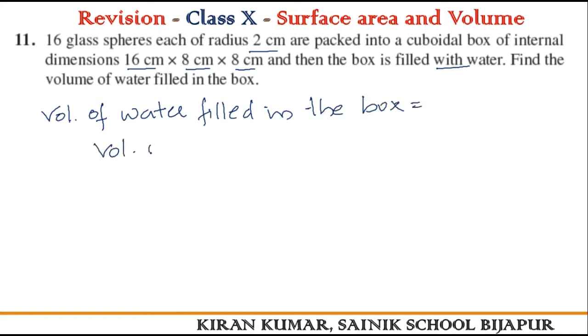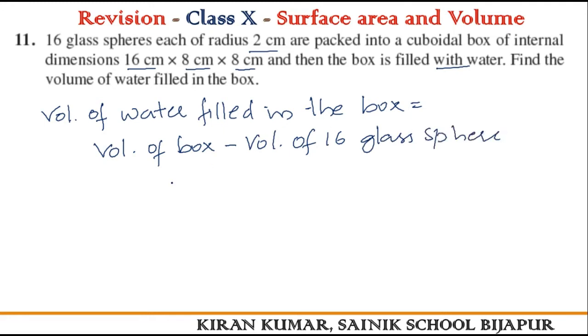Here in this scenario, the volume of water filled in the box will be equal to the volume of the box minus the volume of 16 glass spheres. The reason is the remaining space will be filled with the water, so the remaining space is the volume of box minus the volume of 16 spheres.